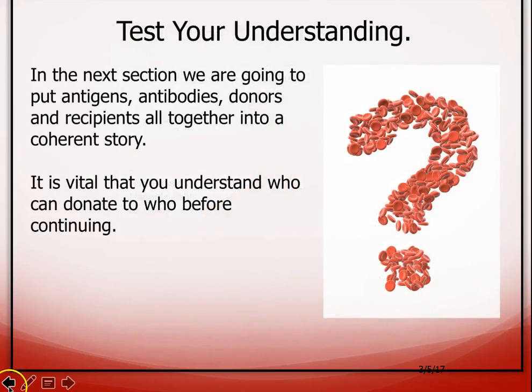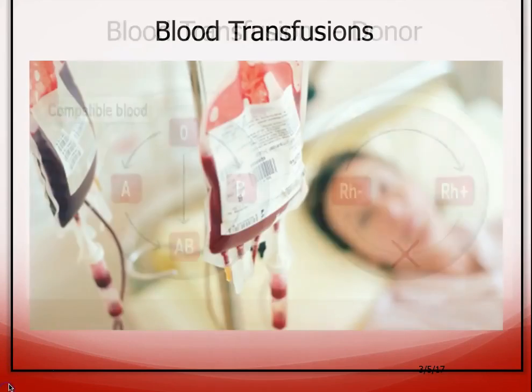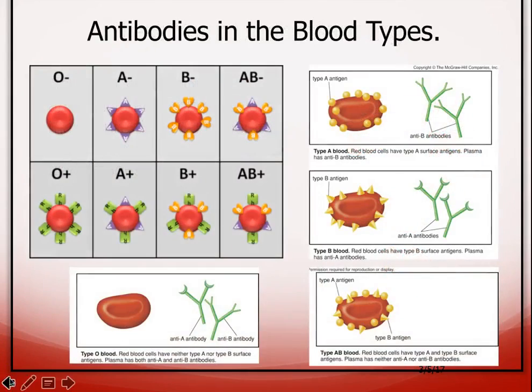So let's kind of go back a second. I think it actually works a little bit better if we go back to this one image here. One of the reasons why we can and cannot donate to one another is based on the antigens and antibodies. So let's just say A tries to donate to B. What will end up happening is that the individual who has type B blood, their anti-A antibodies will agglutinate, will trap, and kind of cause those clusters we saw of the A blood, which is no good, right?